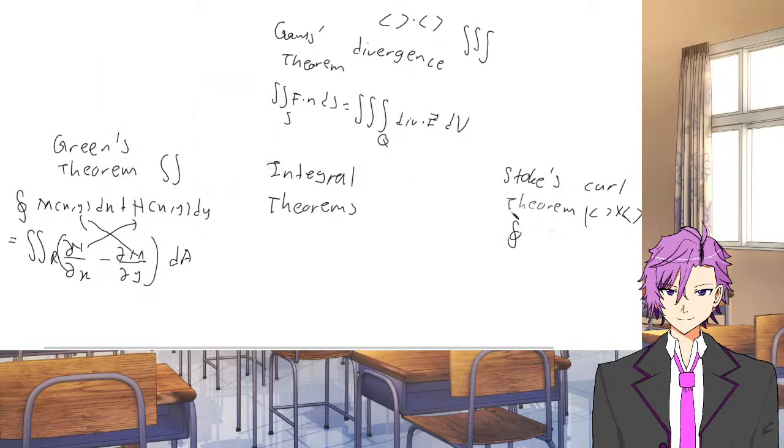So let's just make a line integral here, over C of F dr. We'll convert that into a double integral, then the curl theorem: not that F, but the del operator cross product with F. So that is the curl.